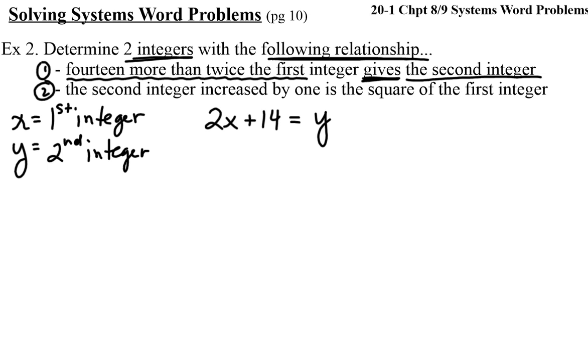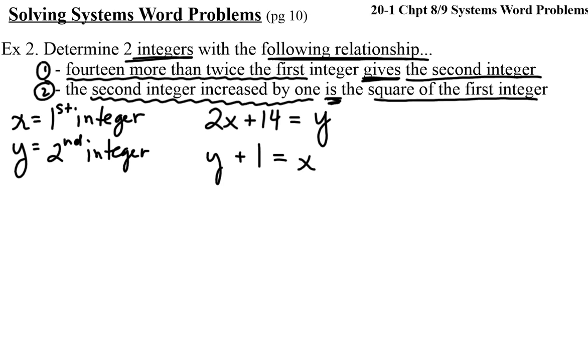Now we need our second equation. The second equation says the second integer increased by 1. So our second integer is y, increased by 1, is equal to the square of the first integer, the integer squared. So there's what we have for our second equation.